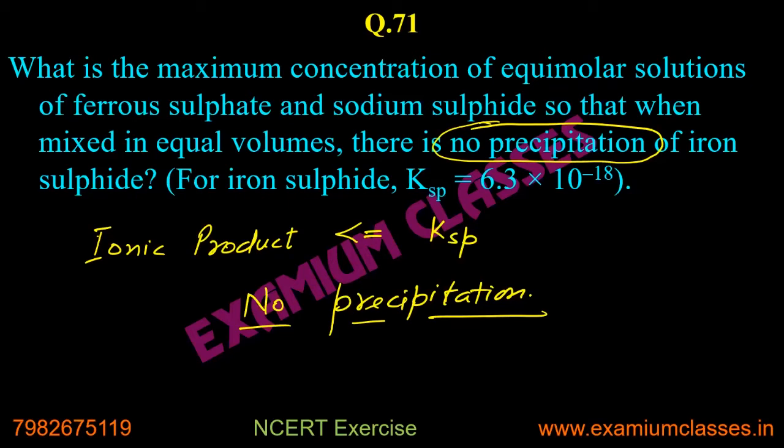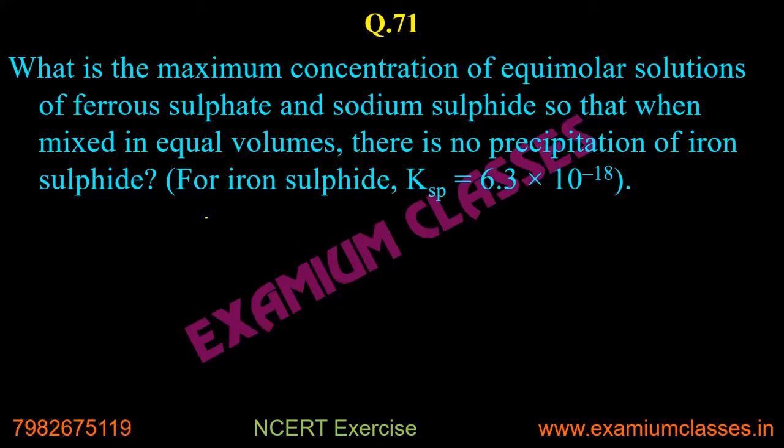Now, we get to the question. It says, what is the maximum concentration of equimolar solutions of ferrous sulfate and sodium sulfide so that when mixed in equal volumes, there is no precipitation. A few points are given: equimolar solutions, equal volumes, and the KSP of iron sulfide.